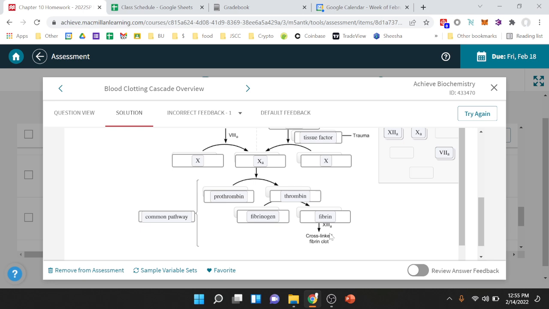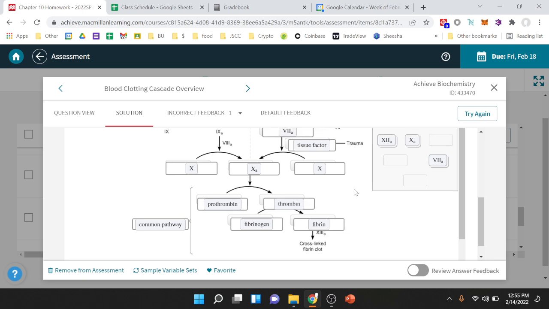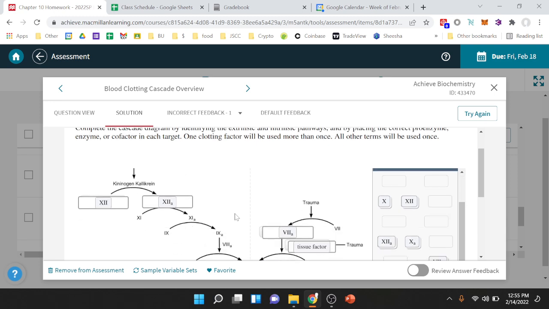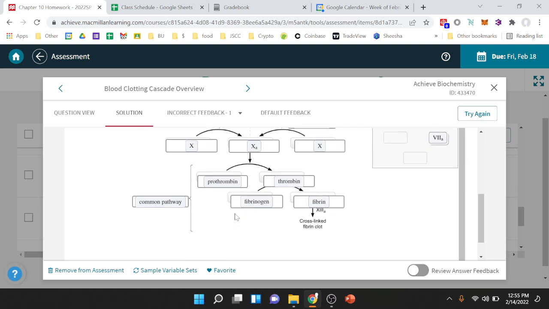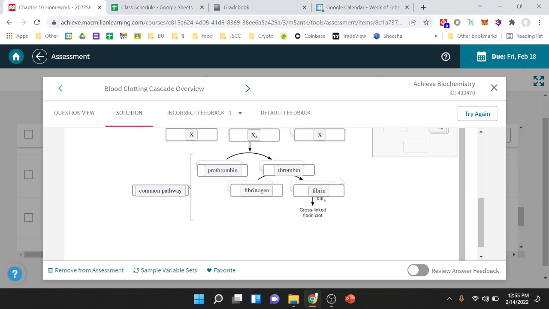One of the things you can help yourself with remembering this is that as we go down here, these are going to have a bigger and bigger effect, okay? So the stuff that doesn't have immediate effects is typically up on the top. The stuff that has big, pronounced effects, and the stuff that we would typically want to use as medicines, and you'd see the most as medicines, is typically closer to the bottom, okay?